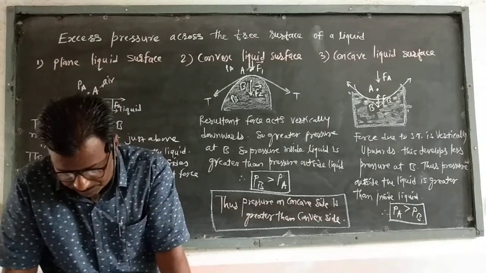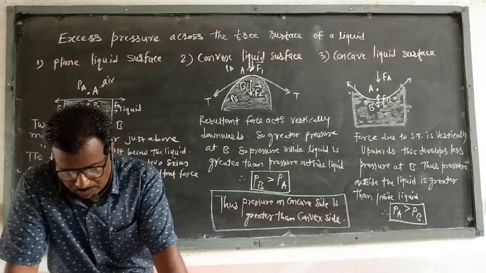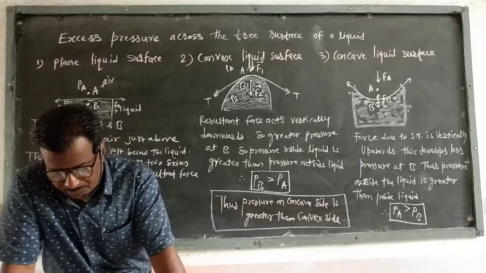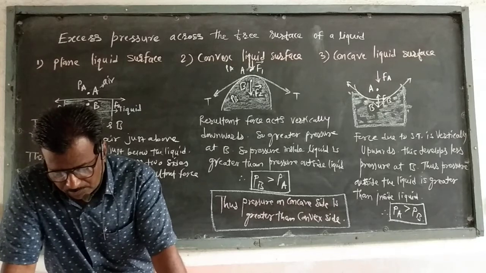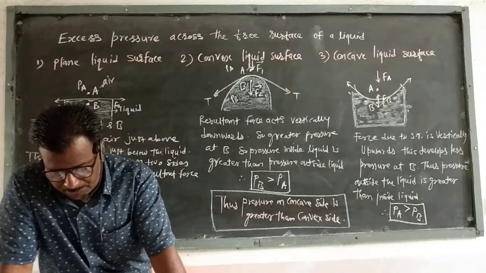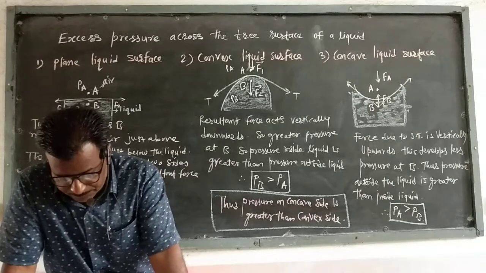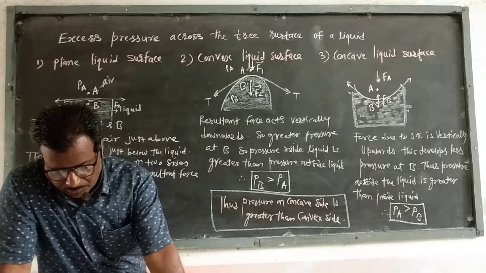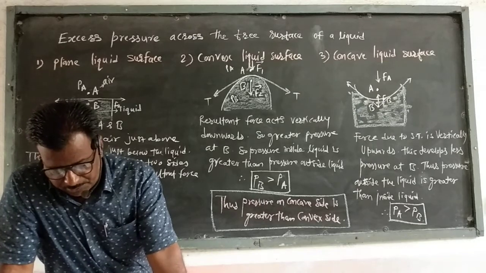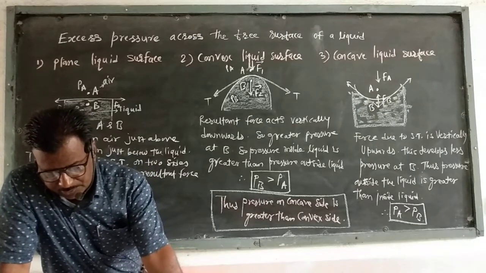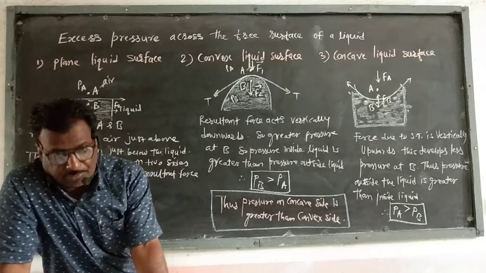The direction of the resultant force of surface tension acting on a molecule on the liquid surface depends upon the shape of that liquid surface. So this force also contributes to deciding the pressure at a point just below the surface of the liquid.